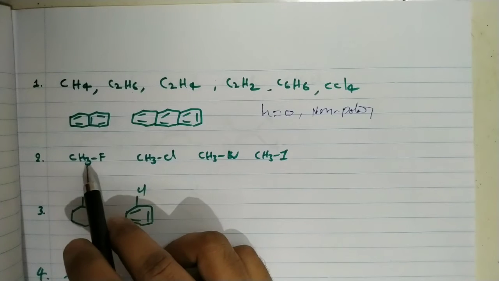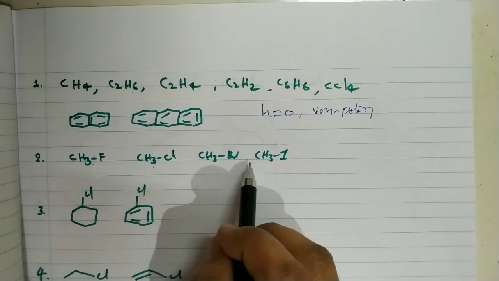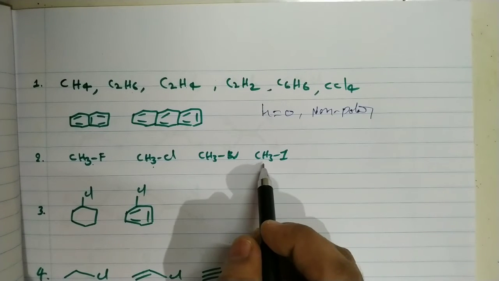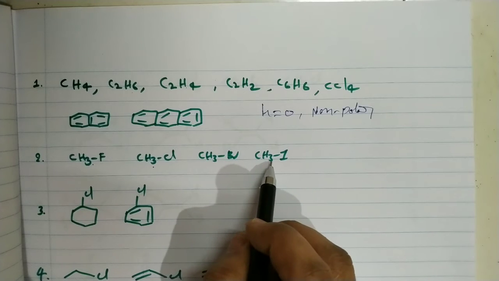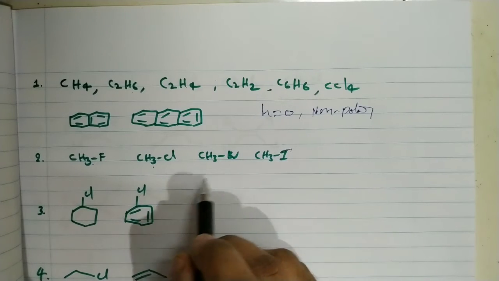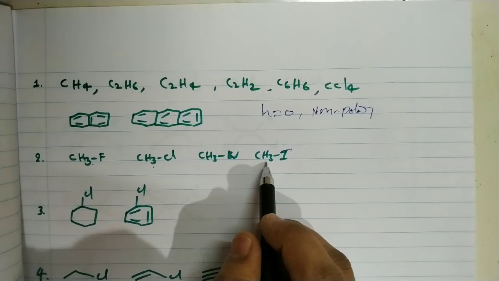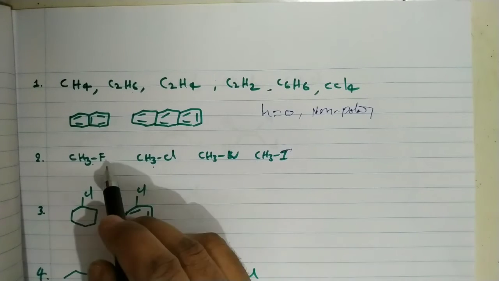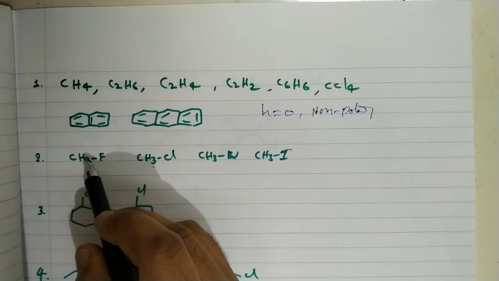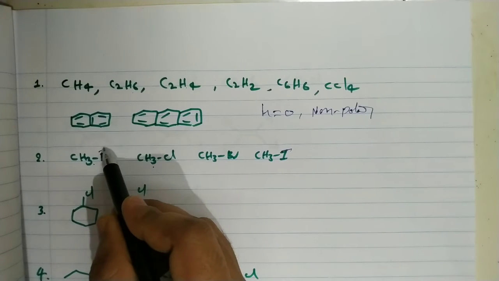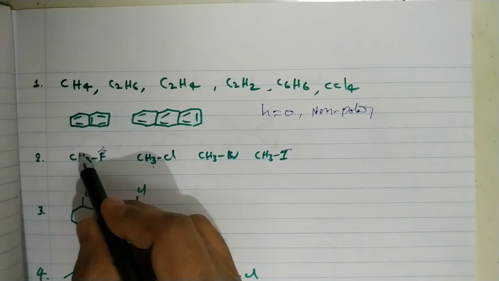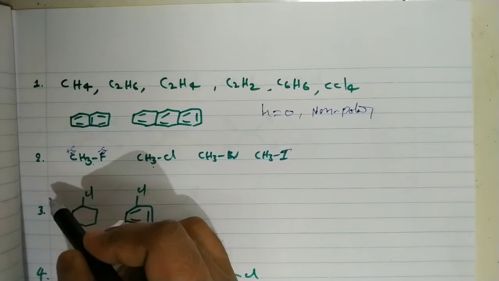Next, see CH3F, CH3Cl, CH3Br. All these molecules have tetrahedral geometry, but here the bond moments do not cancel each other, because the polarity of the carbon-halogen bonds and the carbon-hydrogen bonds cannot cancel. Generally, the higher the electronegativity difference, the higher the dipole moment, with more negative and more positive charge.